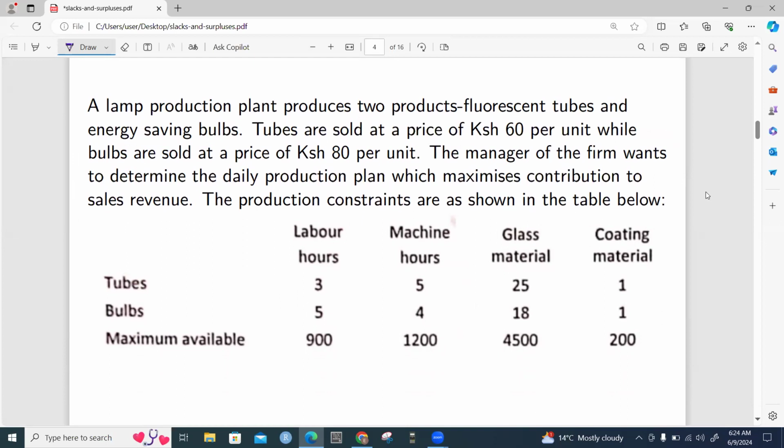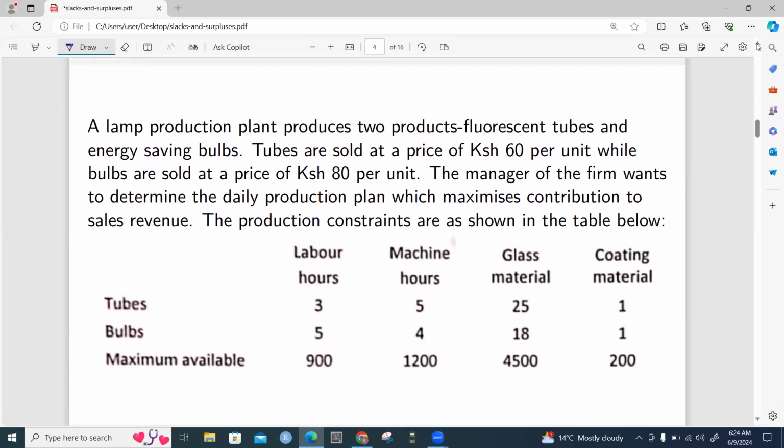Now, we have a case example here that talks of a plant that is engaged in producing fluorescent tubes and energy-saving bulbs. Those are the two products. Once they have made the products, they are able to sell each tube at 60 shillings and each bulb at 80 shillings.